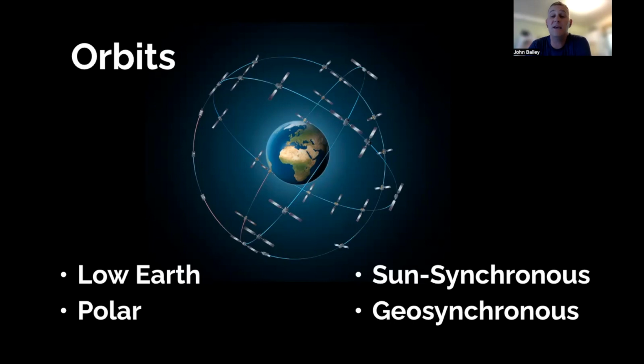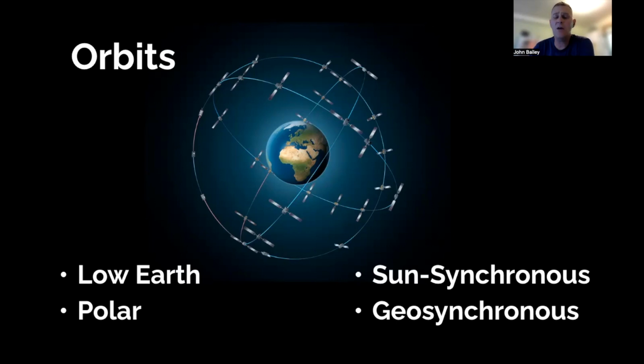Reasons for this are things like communication satellites that want to know that we're in a set place so we can bounce the signal off. Reasons for it in an Earth observing fashion are things like weather satellites, when we want to keep looking at maybe a whole hemisphere of the Earth and seeing how the weather patterns in the cloud changes.